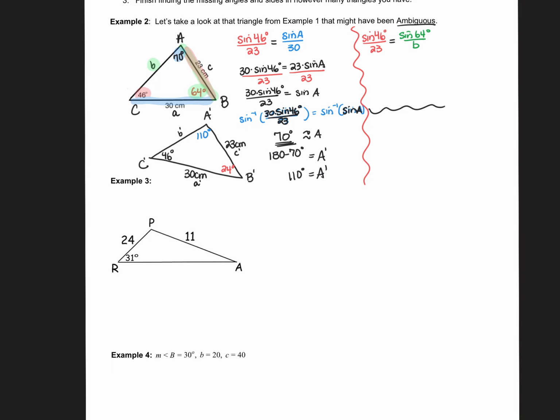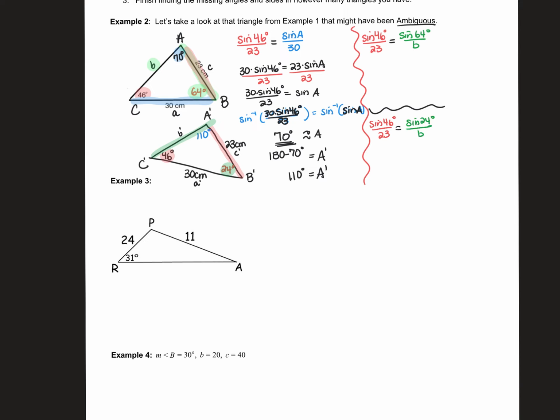In triangle 2, same kind of idea. If you need to, you can highlight things like you did in the first triangle, just so you know what corresponds with what. I've got sine of 46 over 23 equals sine of 24 over b, and then I can solve that equation.